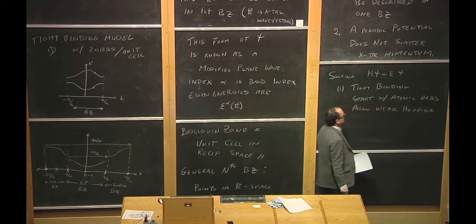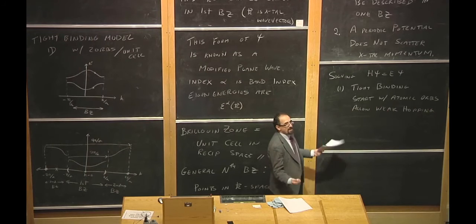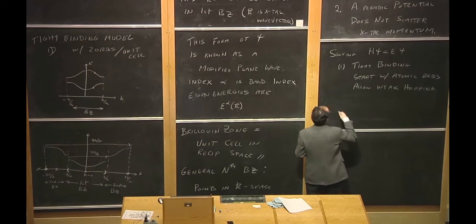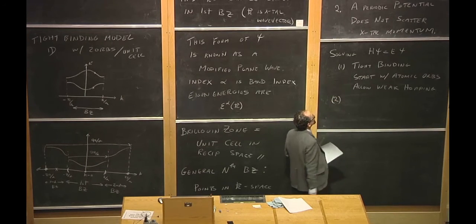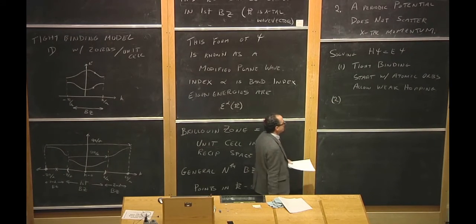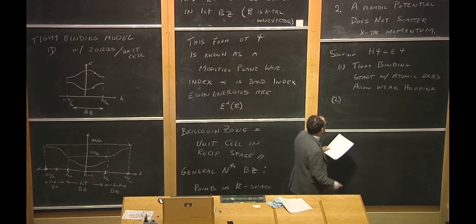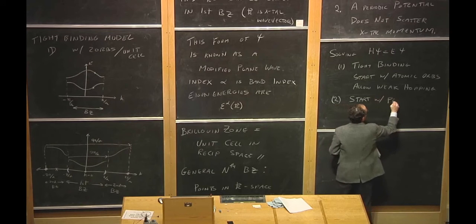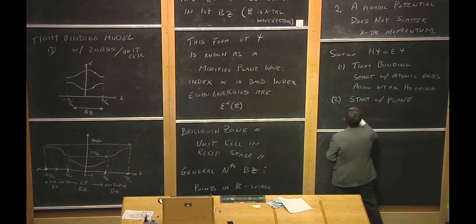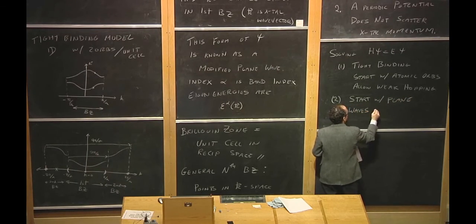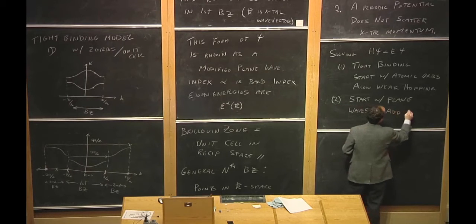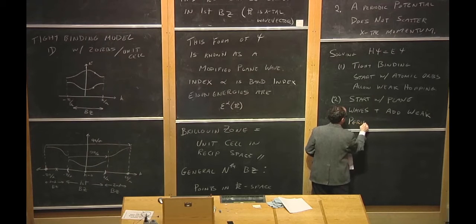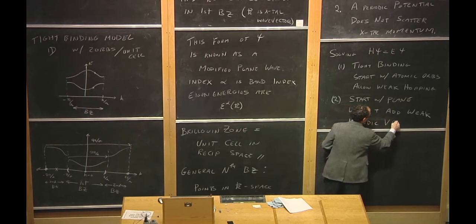But that might sound a little non-generic because maybe the hopping is strong from one place to another. So it's actually very useful to think about it from a complementary viewpoint, where instead of starting with a tight binding model, we start with plane waves, and add a weak periodic potential V of r.